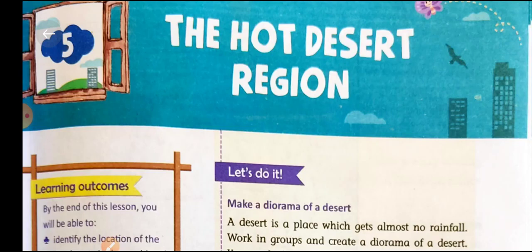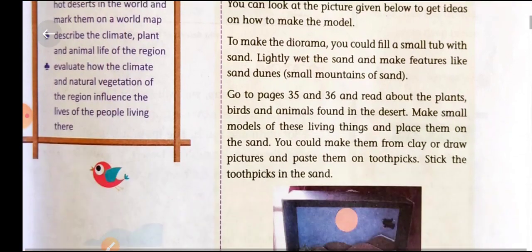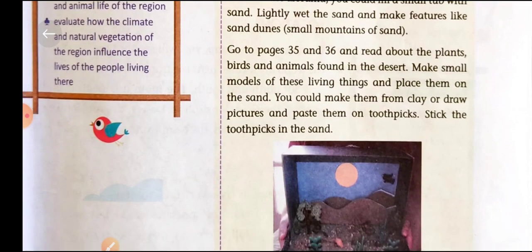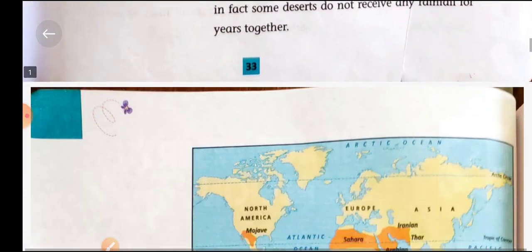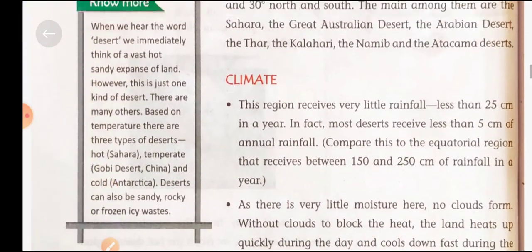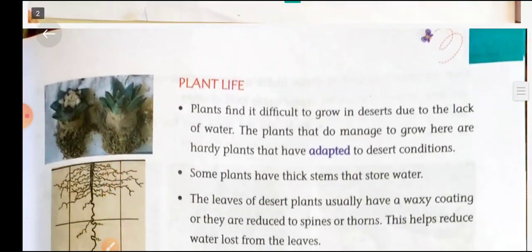Students, I have already explained about the desert region. Today, I will explain the plant life in the desert region. Plants find it difficult to grow in the desert due to the lack of water. In the desert region, there is hardly any water, so plant life is hardly found.